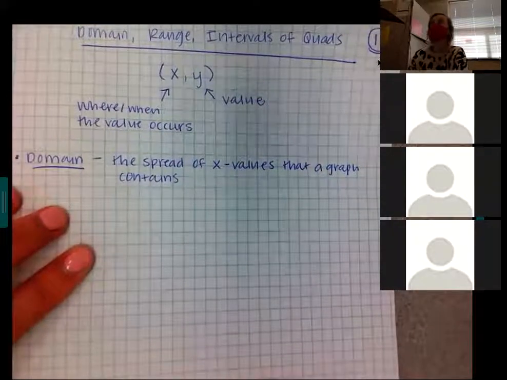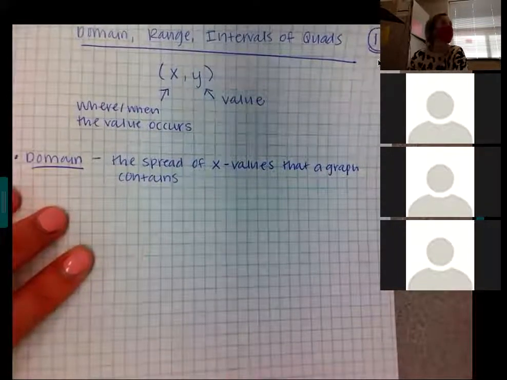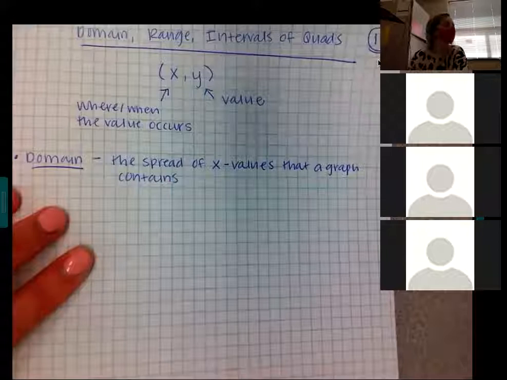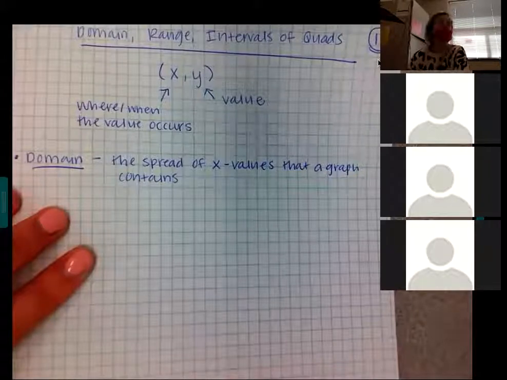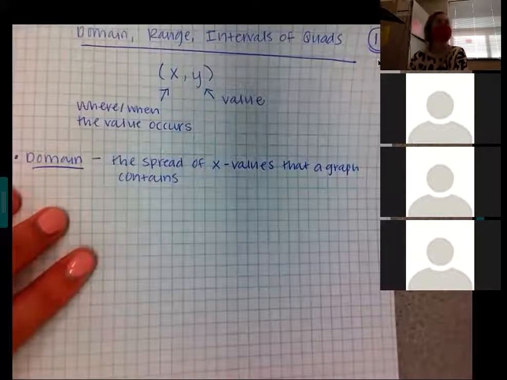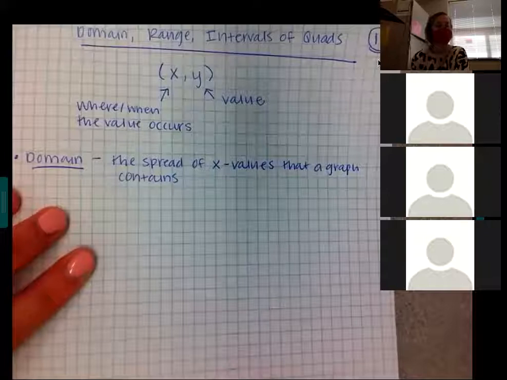So basically any X value that would be on that graph, that's the domain. The max or min value comes from the Y. Yep. Where it happens, that comes from the X. Good question.